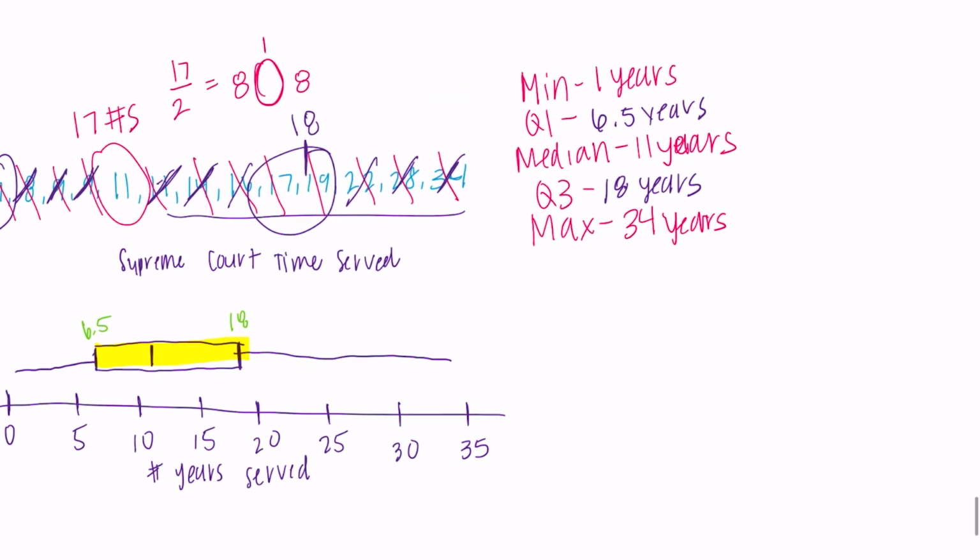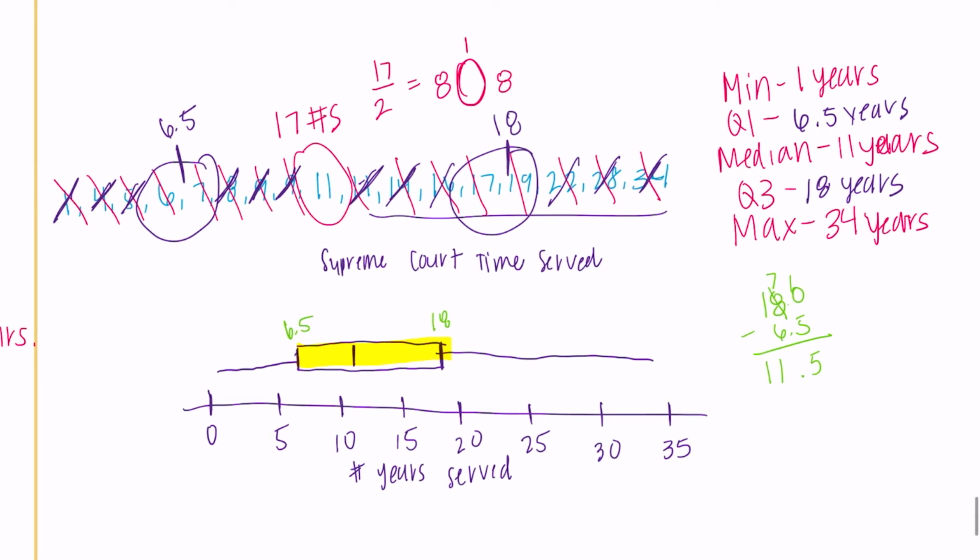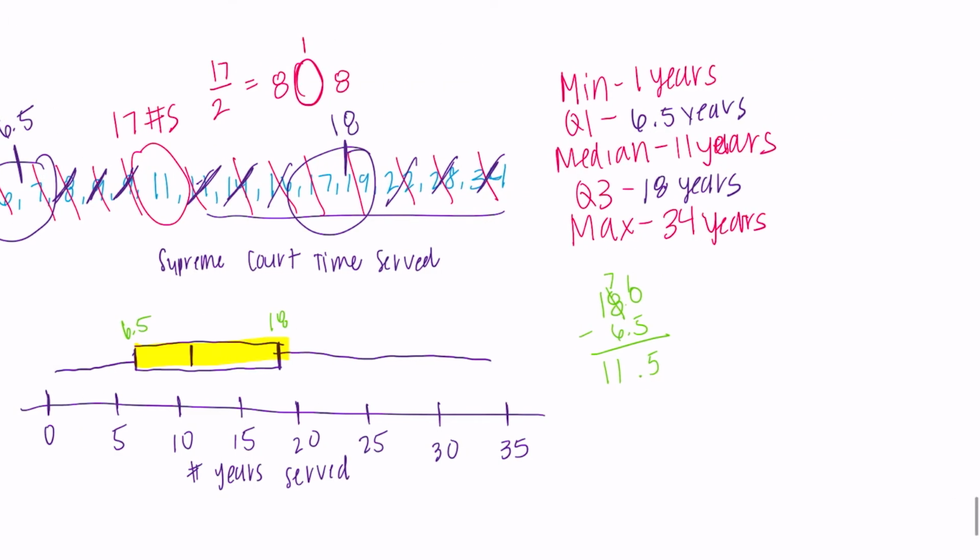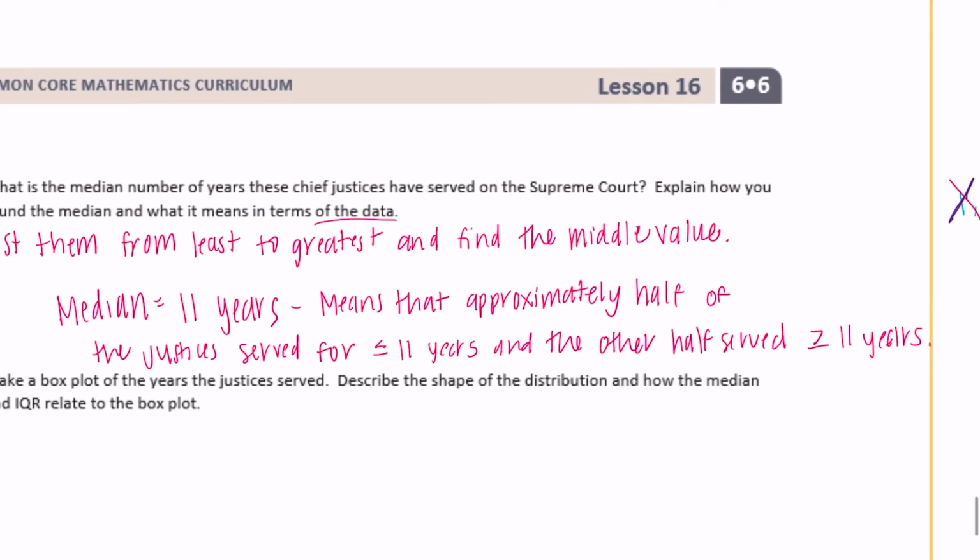So if we subtract those, we get 11.5. So about half of the Chief Justices had terms in that 11.5-year interval. So that's where about half of the justices lie in there.